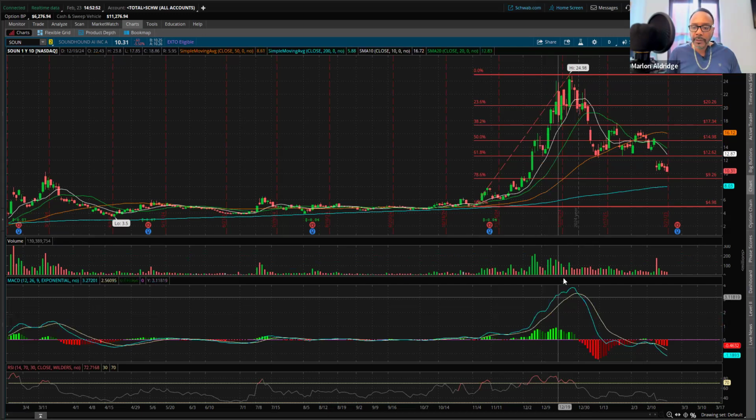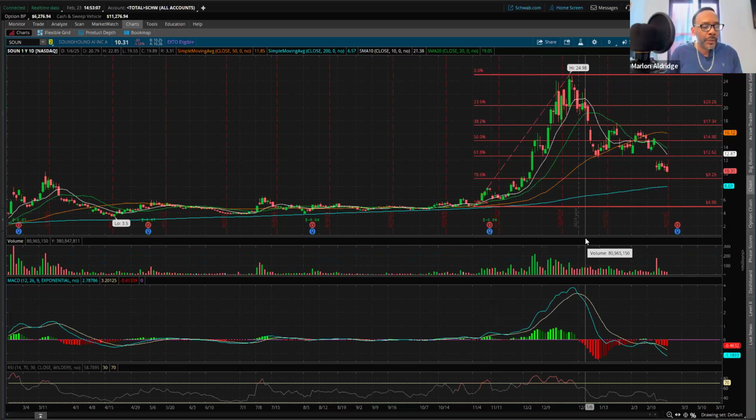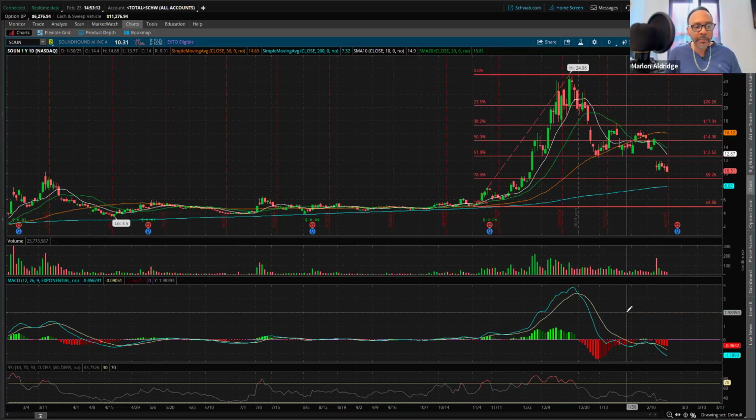And clearly, we can see that the prices trend upward, or continue to trend upward, when the blue line is above the yellow signal line. Typically, one of the reasons that the MACD is very important is that we're going to look at what are called crossovers.